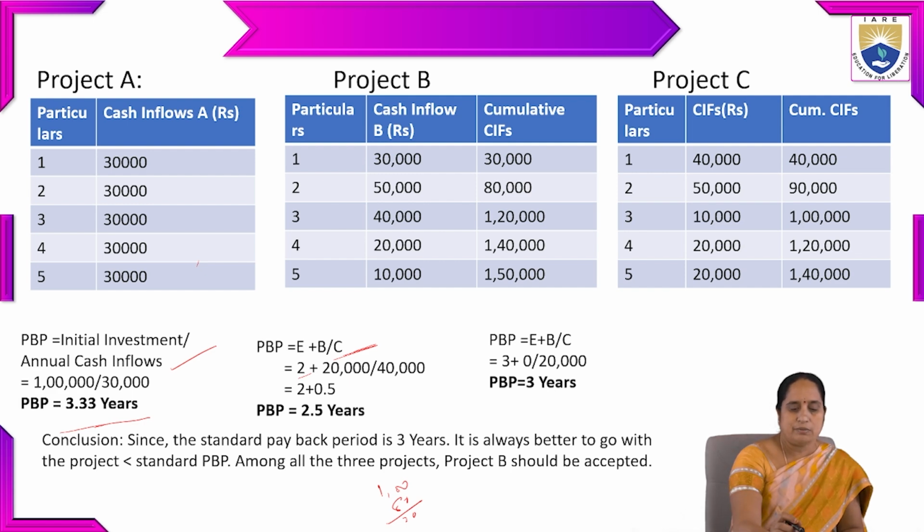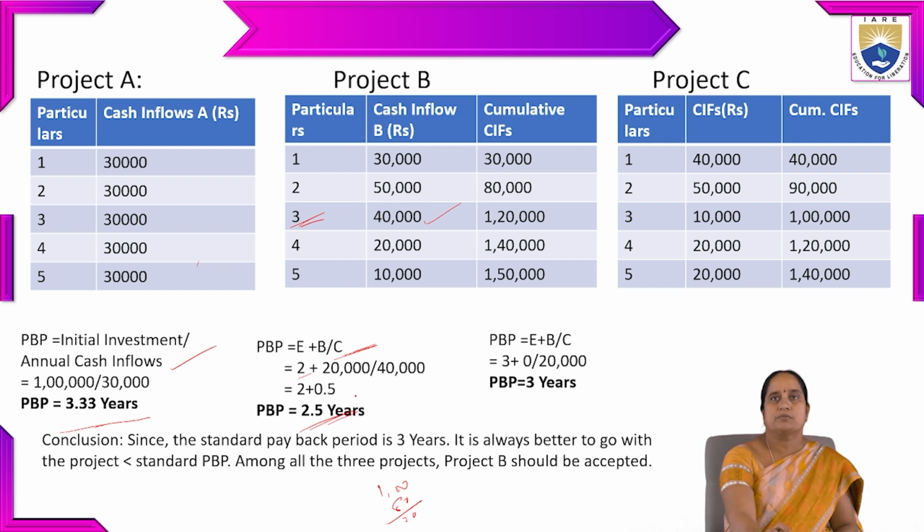B means the balance amount, 20,000, divided by C, the cash flow of the year in which it is recovered, the third year, 40,000. So 2 plus 20,000 divided by 40,000. So the payback period is 2.5 years.